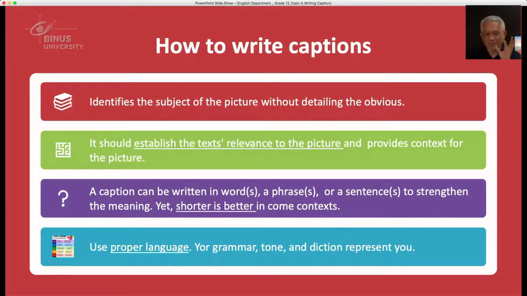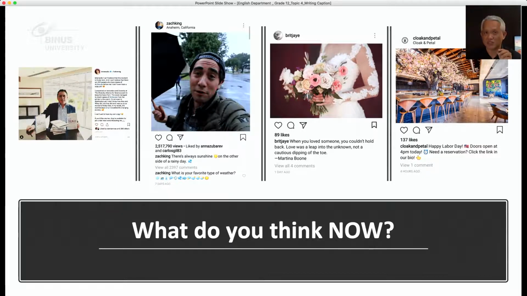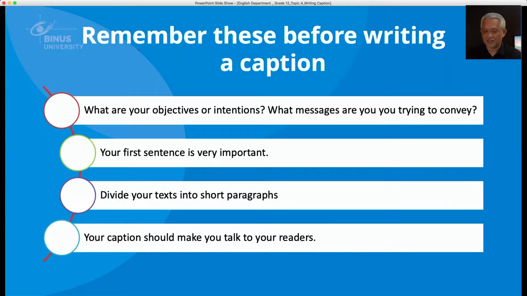After knowing this, what do you think of the captions that I showed you earlier? Would you like to do something informational, reflective, witty, or would you like to narrate a story? I'm going to remind you of the following. First, if you are going to write a caption, for whatever reason, personal or business, make sure that you know what your objectives are: what kind of messages you are trying to get across to your audience, readers, fans or followers.